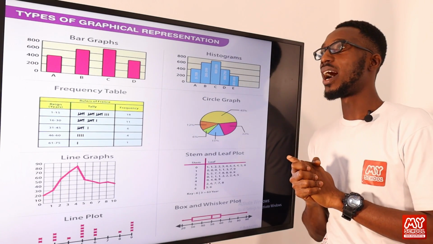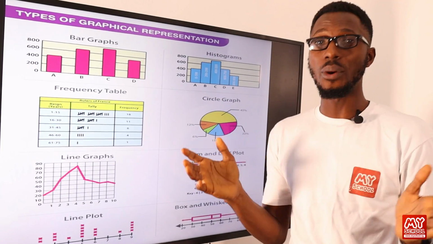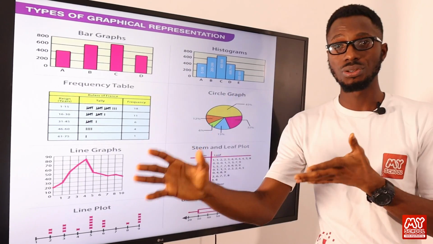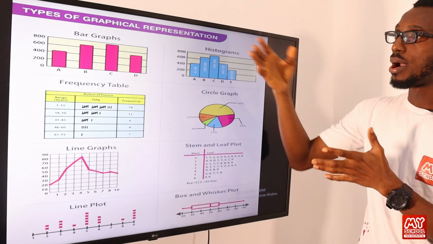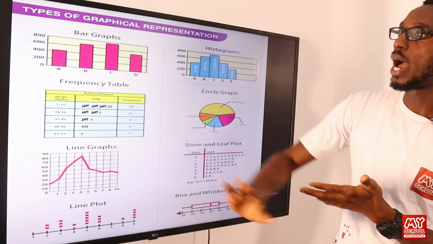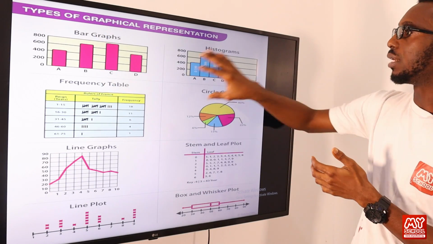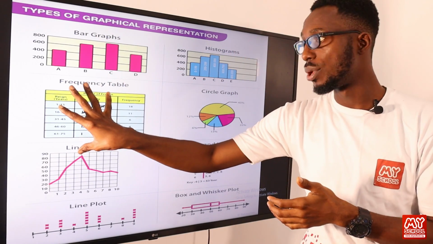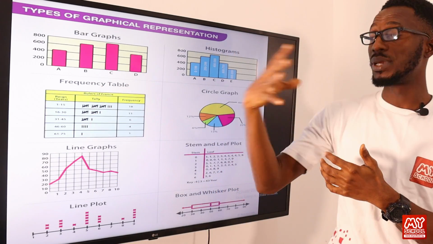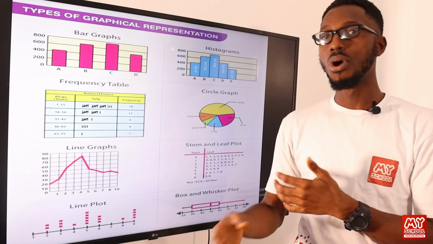Yes, so we can represent data or statistics in two ways: the tabular representation and the graphical representation. This is just a compilation. We have the bar graphs, the histogram, and the frequency table. The frequency table I can push under the tabular representation of data.